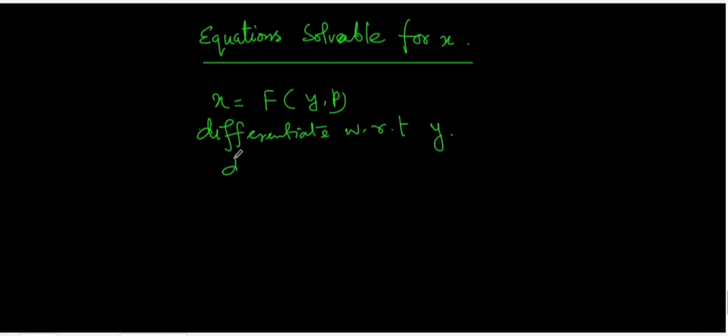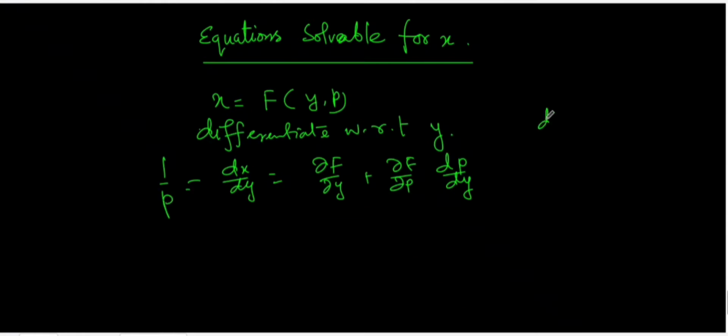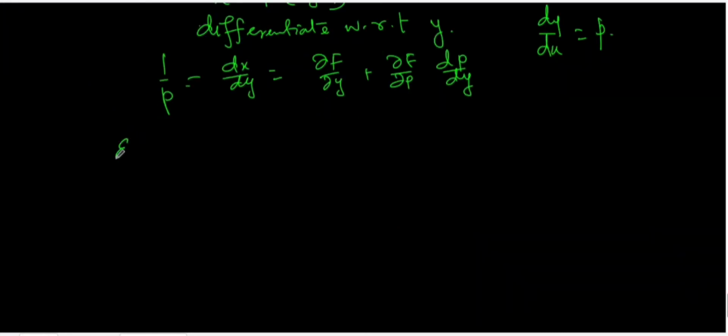y. We'll get dx/dy equals ∂f/∂y plus ∂f/∂p times dp/dy, and in place of dx/dy we put 1/p, because dy/dx is p. Now let's understand this by an example.